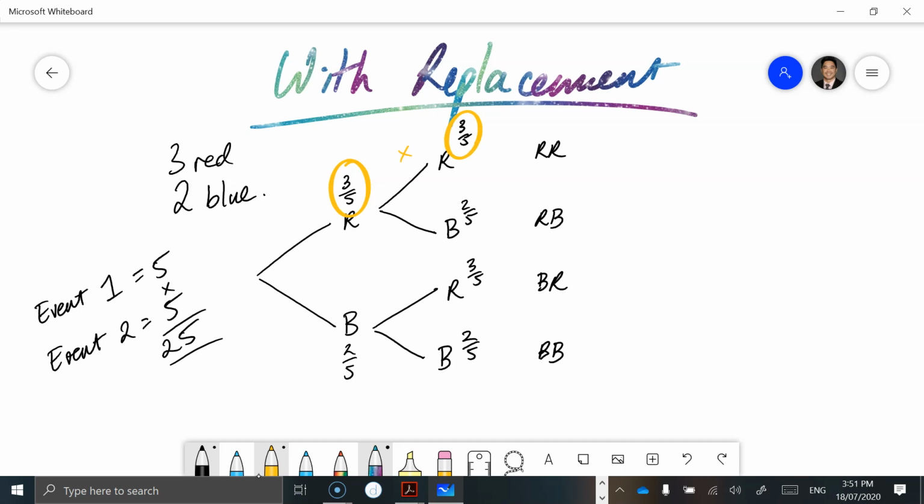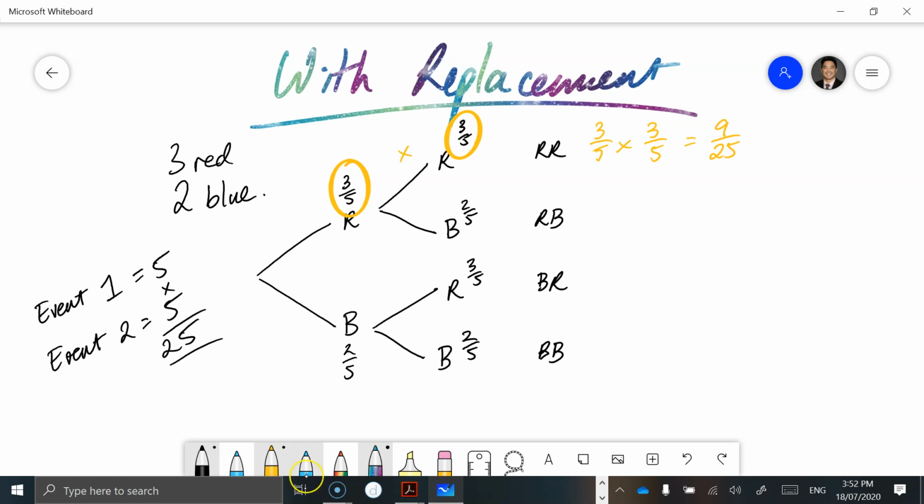So 3 times 3, and then 5 times 5. Apologies. So 3 over 5 times 3 over 5 is 9 over 25. So out of the 25 possible outcomes, 9 of them give you 2 reds in a row.